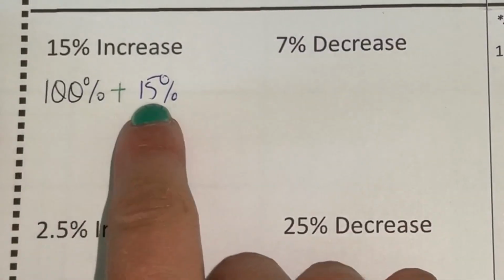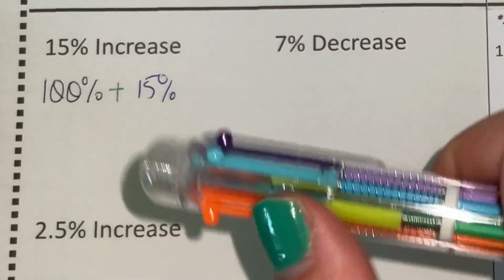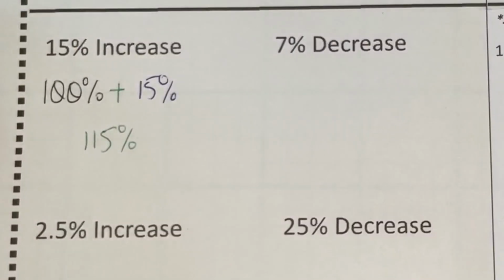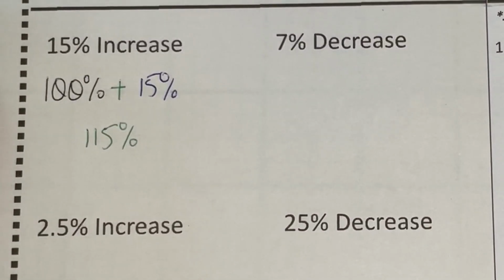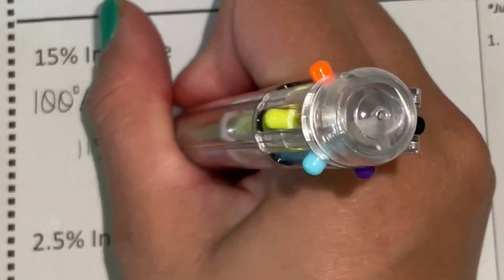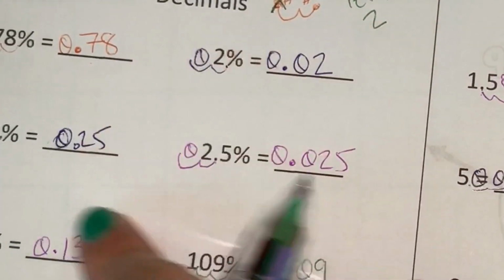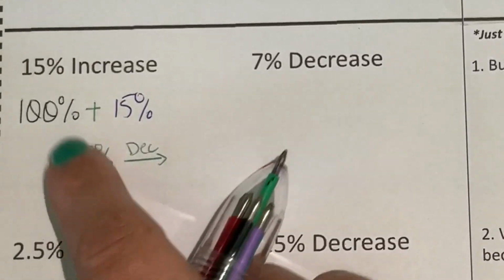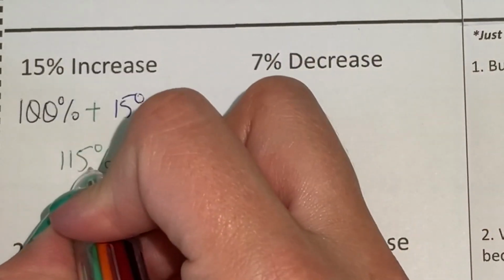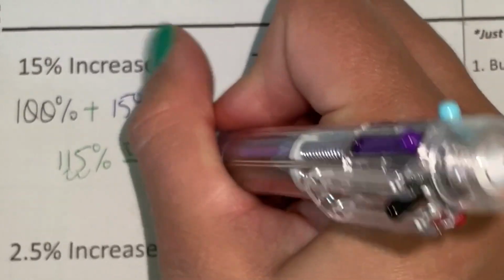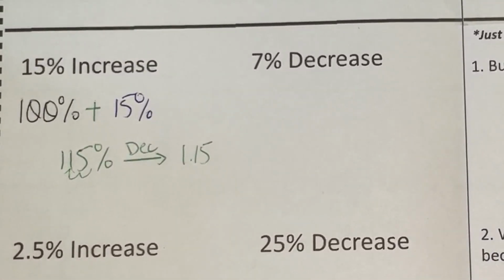So 100% plus 15% is a beautiful 115%, okay? But again, we got to change that to a decimal. That's like what we just did right above it, right? We're using this skill a super lot. So change that to a decimal. Here's the back. 1, 2 to the left. So that means it's going to be 1.15 as a decimal.